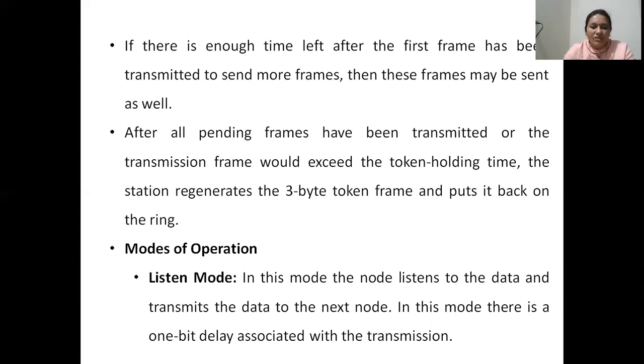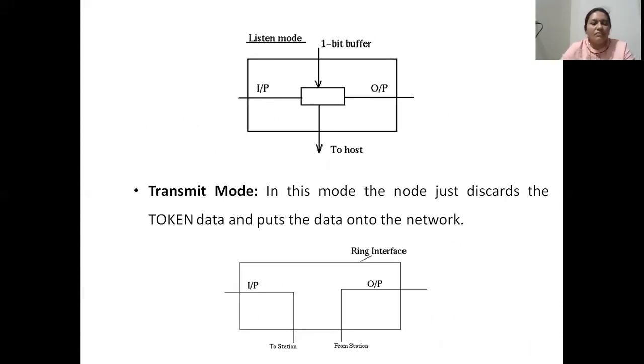So if the node is not the intended destination, it will go to the listen mode. It will just see the data and send it to the next node with a 1-bit delay associated with each transmission.